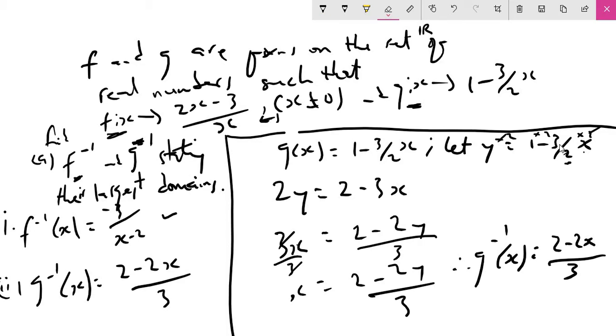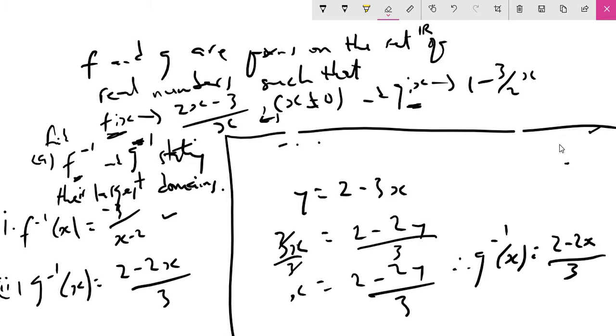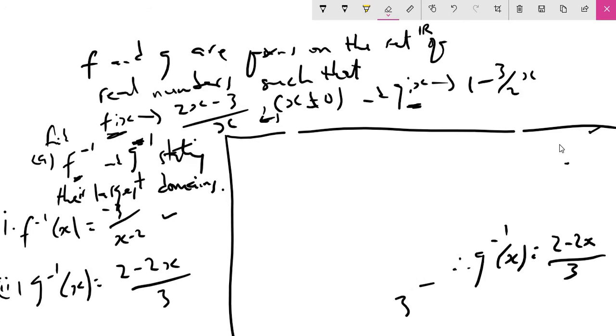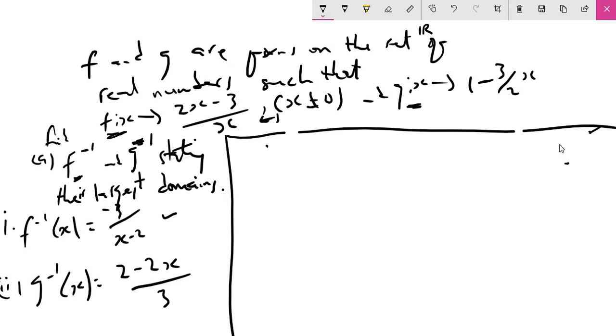Now, there's one other thing. You can actually verify whether your inverse is right or wrong. And I'll just show you that before I show you how to find the largest possible domain. So you can do a quick check to see if your inverses are correct. So for instance, f of 2. Let's substitute x to be 2.